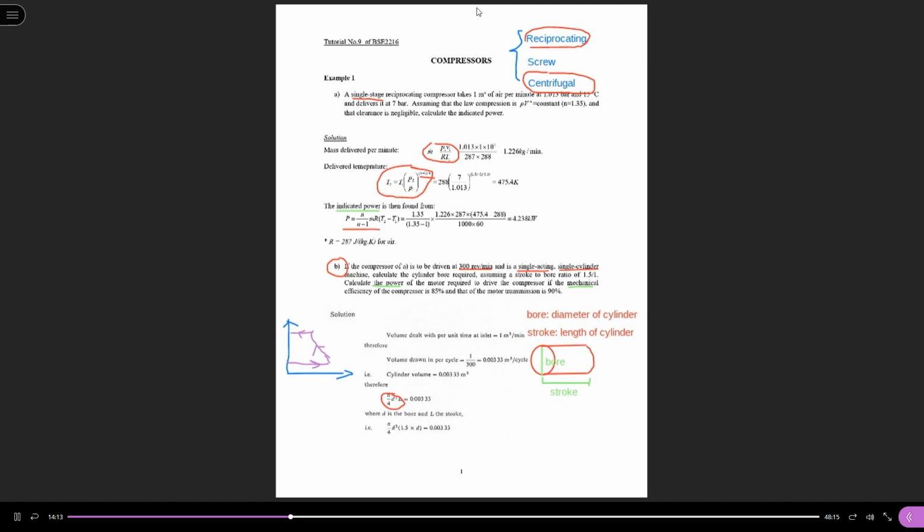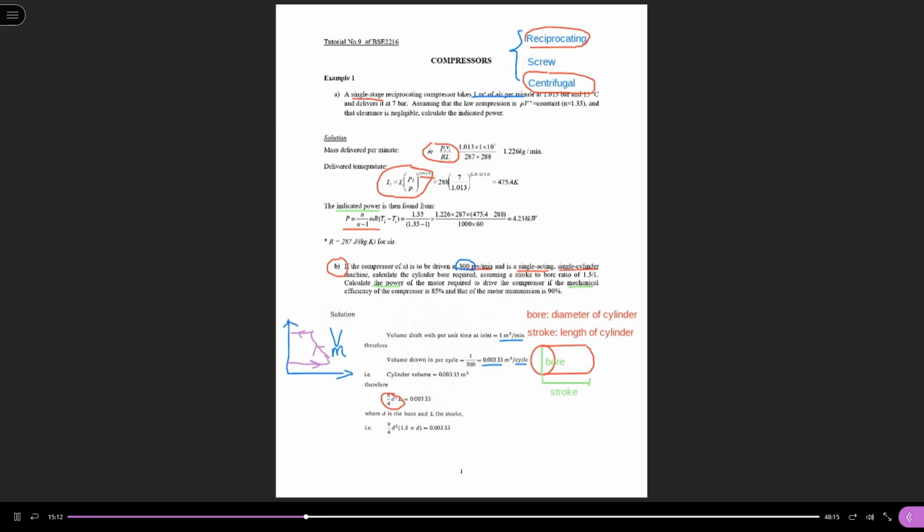Now let's have a look at what information we can get from the given conditions. In 1 minute we take 1 cubic meter of vapor, which here is air, and in 1 minute there are 300 revolutions. So per cycle, the corresponding volume we take is 0.00333 cubic meter per cycle.